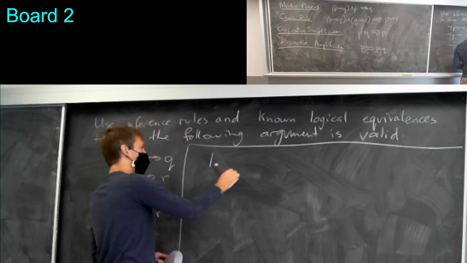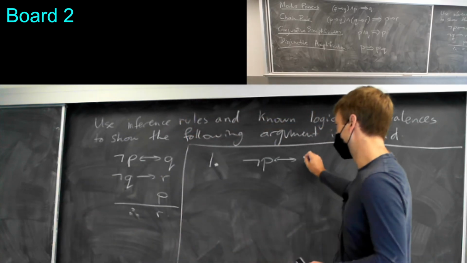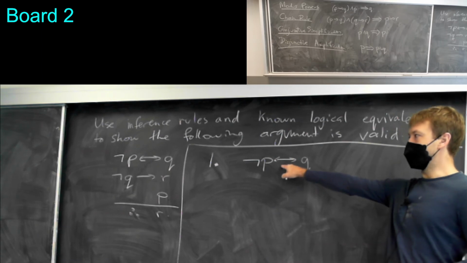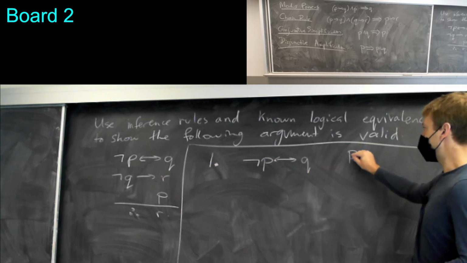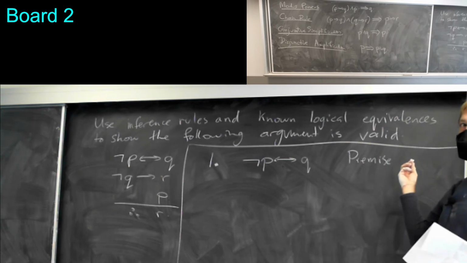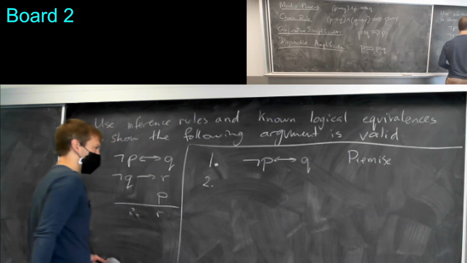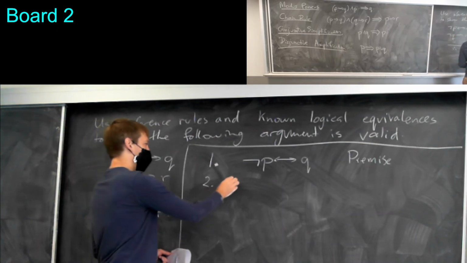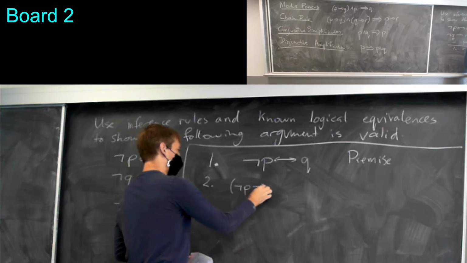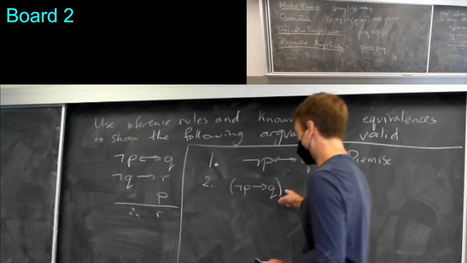For whatever reason, in the notes, you'll see that they number the lines, so I would number the lines. I start by writing this. And my reason that I can write this is because it's a premise. You always have to write a reason. So line 2, I'm going to take my premise, and I'm going to split it up.